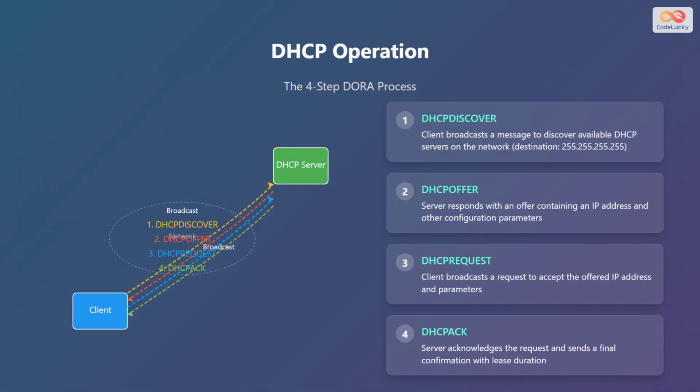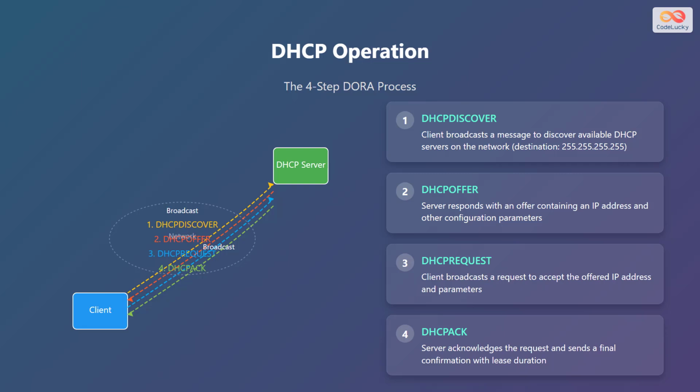Now let's understand how DHCP operates through a four-step process known as DORA, which is discover, offer, request, and acknowledgement. In the first step, DHCP Discover, the client broadcasts a message to discover available DHCP servers on the network. The destination is 255.255.255.255.